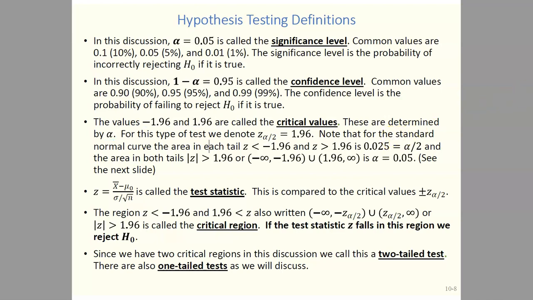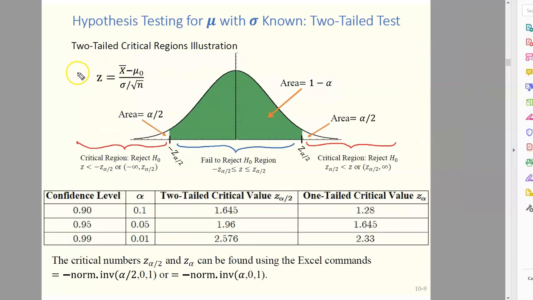For example, if we look at our next slide quickly, you see here we have our standard normal distribution, and if this critical value right here is 1.96, then the area to the right of 1.96 is 0.025, and if this value over here is negative 1.96, then the area to the left of negative 1.96 is also 0.025.